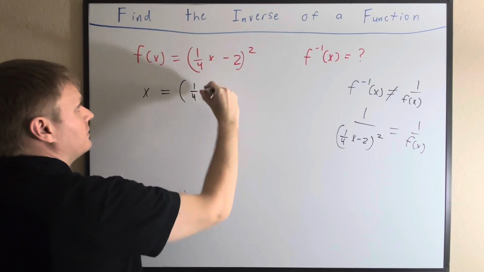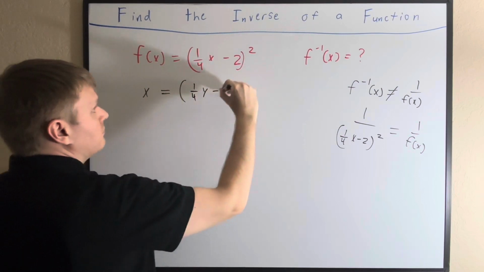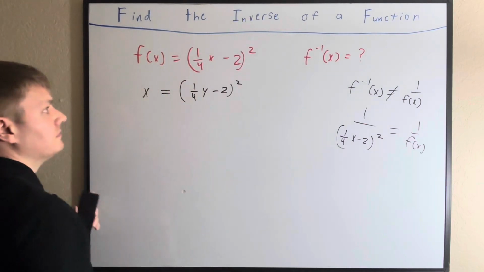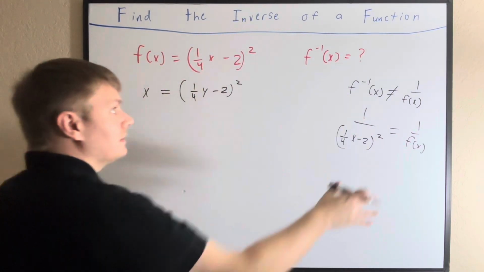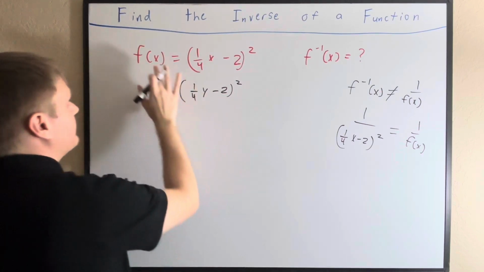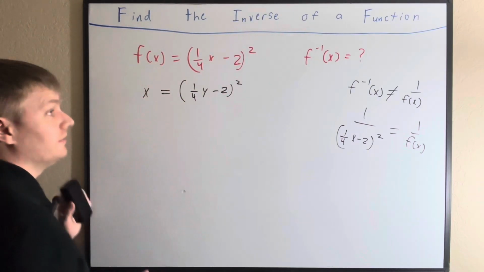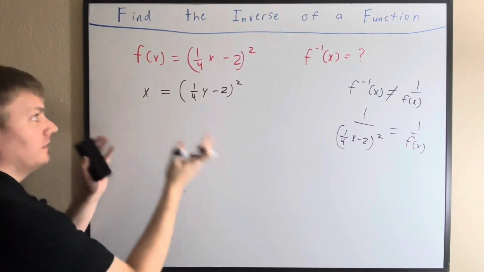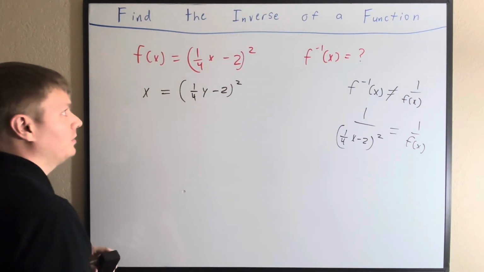Instead of putting x here, I'll put y. You know, it's still a variable. It doesn't give me a whole complicated notation thing to worry about. It's just y. That's what we're solving for. We're trying to get y by itself, because that will be our inverse function. We will have swapped the output and the input, right?